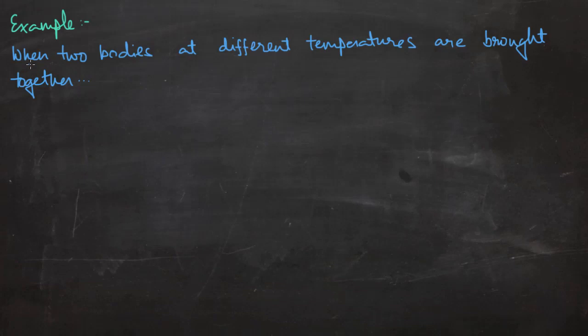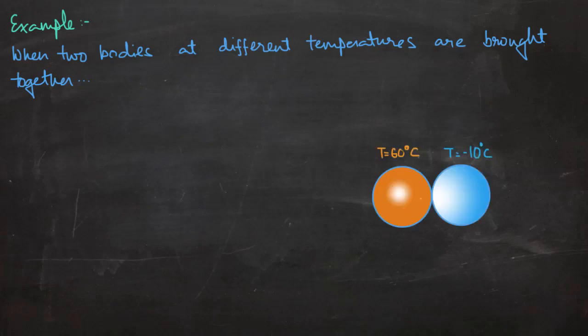Our next example, where we'll be looking at potential, is when two bodies at different temperatures are brought together. So if I have two similar bodies but at different temperatures, like in the case of this figure where the warmer body is at a temperature of 60 degrees centigrade while my cooler body is at a temperature of minus 10 degrees centigrade, we see that the body at a higher temperature begins to lose heat and supplies that to the body at lower temperature.